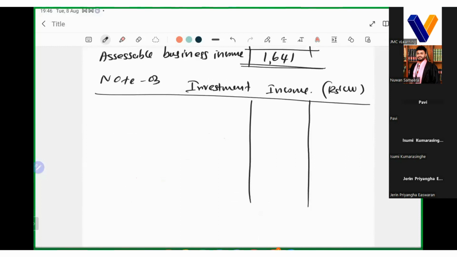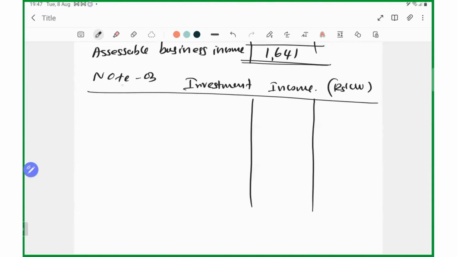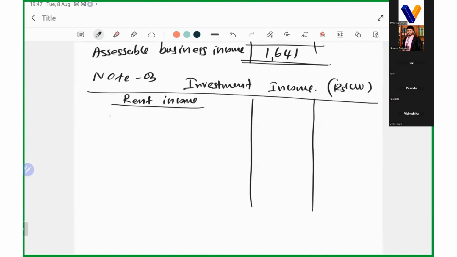So then Kavisha rented part of his residence to the business for 60,000. So yes, you need to get the rent income. Under that, first you need to get the gross rental. How much? Per month rent is 60 into 12.